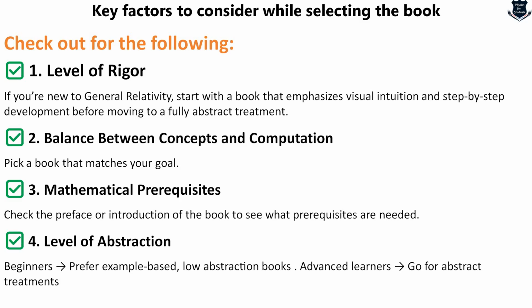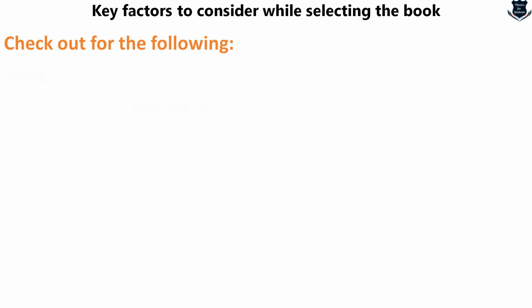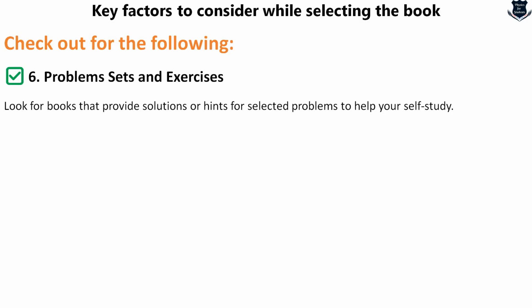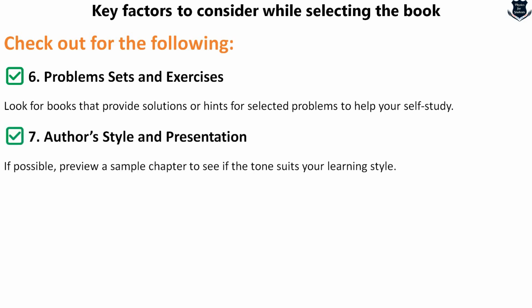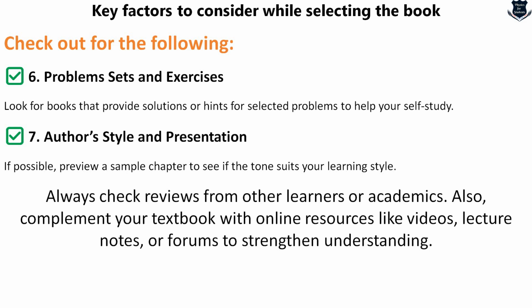Level of abstraction: as a beginner you can prefer example-based, low abstraction books, and further you go into higher abstraction for advanced learners. Also, check whether there are a lot of problems, because maths and physics are more developed through exercises. The style of presentation: sometimes the author's style of presentation is not up to the mark.